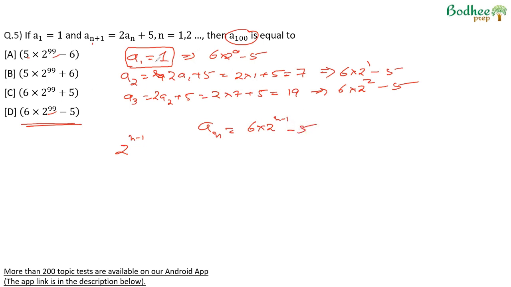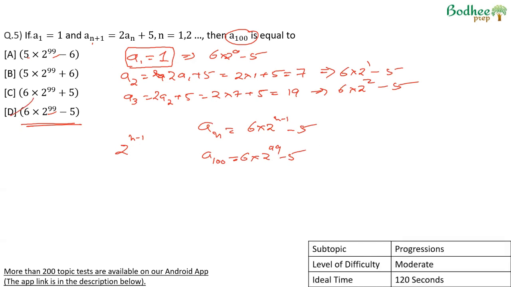So what I've done is, by looking at 99 being 100 minus 1, the power of 2 becomes n minus 1. Put 1 as n, this term disappears. Then from the options, which option is giving us a 1? 6 minus 5 gives us a 1. So we fit the value for that, and therefore A100 will be nothing but 6 into 2 raised to power 99 minus 5, option D.